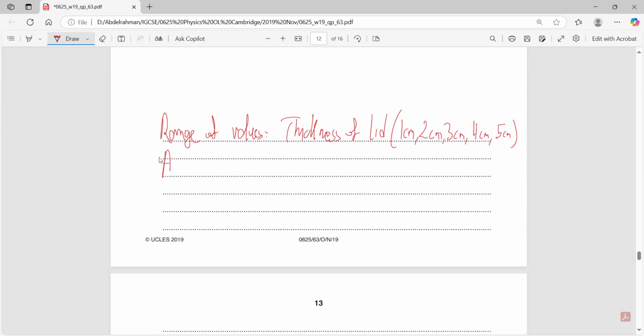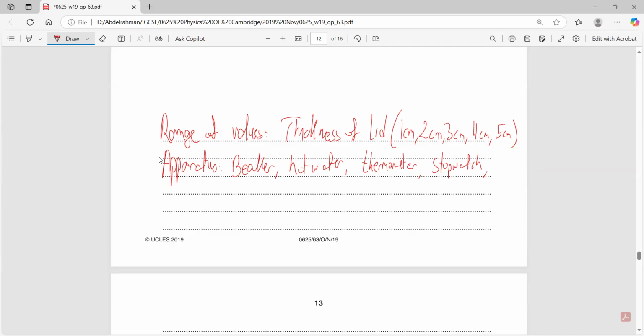So for the apparatus, you need a beaker, you need hot water, a thermometer, a stopwatch, right?